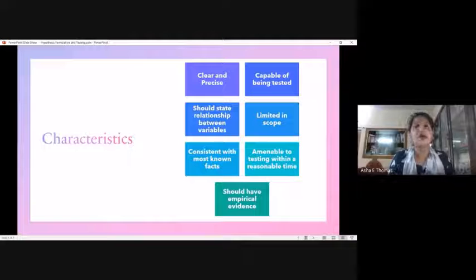There are exceptions, but generally, when we are setting a relationship, it should not be contradicting the existing facts. It should never be contradictory to the understanding of the general public. If I'm saying that however much I go on increasing the price on daily consumables, it is not going to affect the demand of that product, people will buy it.